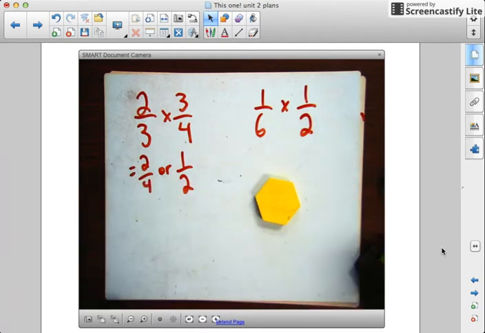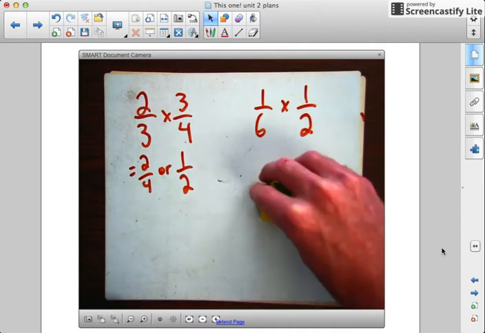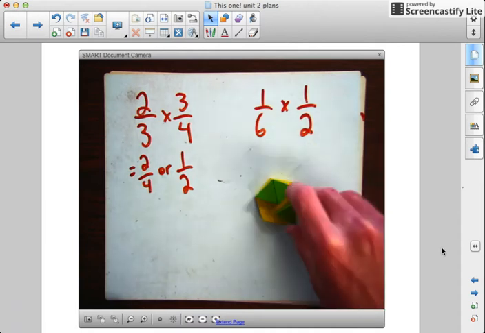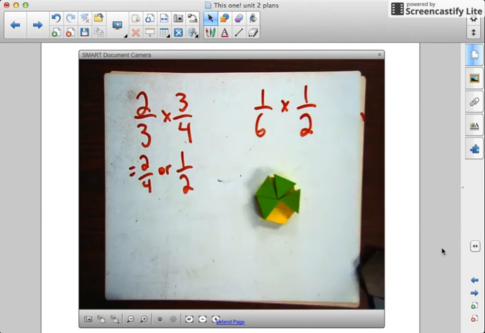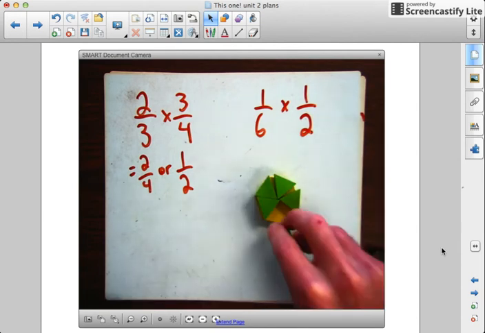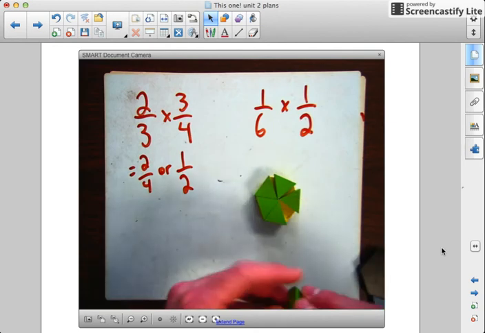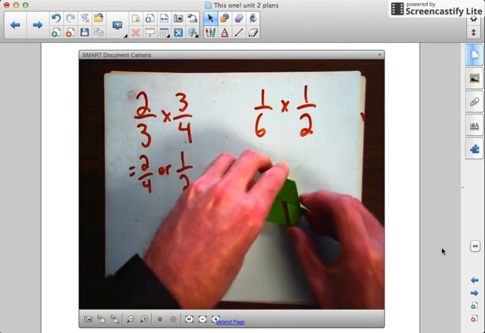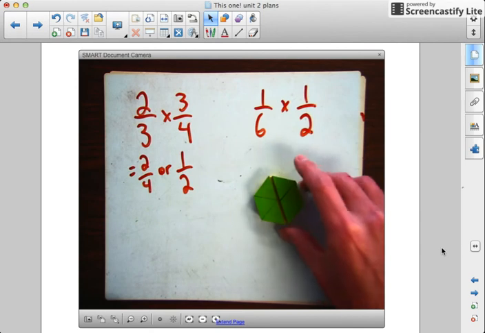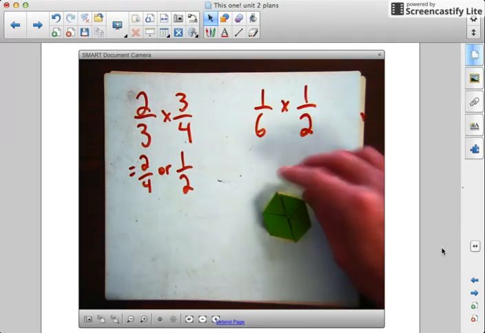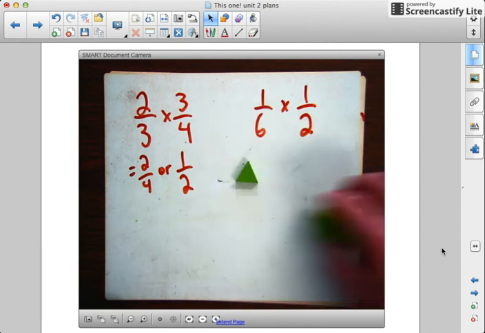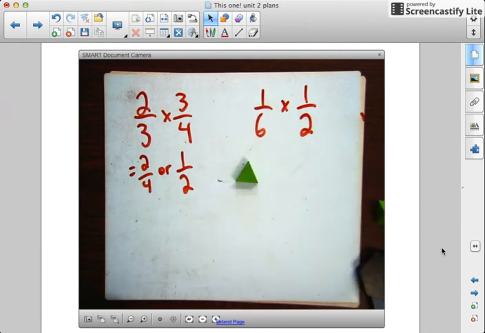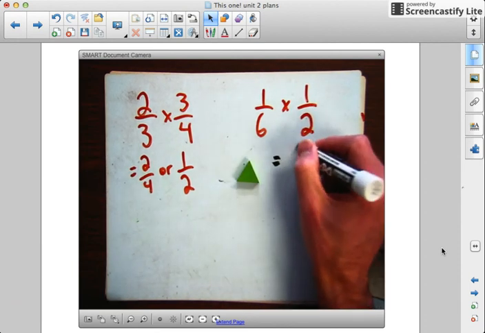I want 1/6 of that half, so I need to split it into 6 pieces. And I only want 1 piece of those 6 that I have. And that's going to equal 1/12.